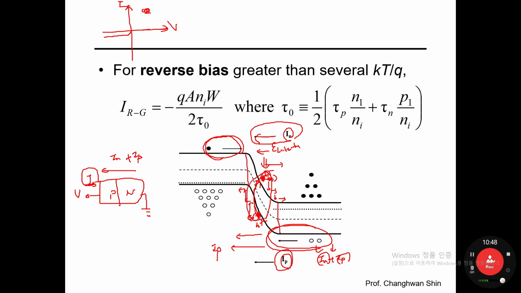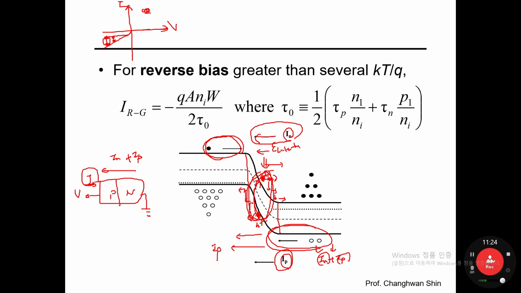So these thermally generated electron hole pairs in the depletion region would contribute to the current flow under reverse bias. So this current difference can be explained from the thermally generated EHP in the depletion layer. Then the next question is, how come the additional current becomes more and more as reverse bias becomes more and more?